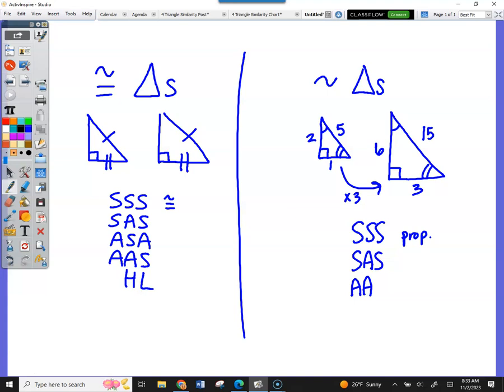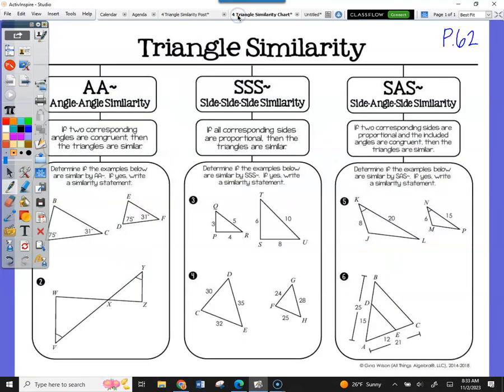So they're all proportional. Or if we can show 2 sides proportional and 1 angle congruent, or if we can show at least 2 angles congruent. Okay? So some people find this lesson easier than triangle congruence because you only have 3 things to check off instead of 5 possibilities. Let's look at the first one.